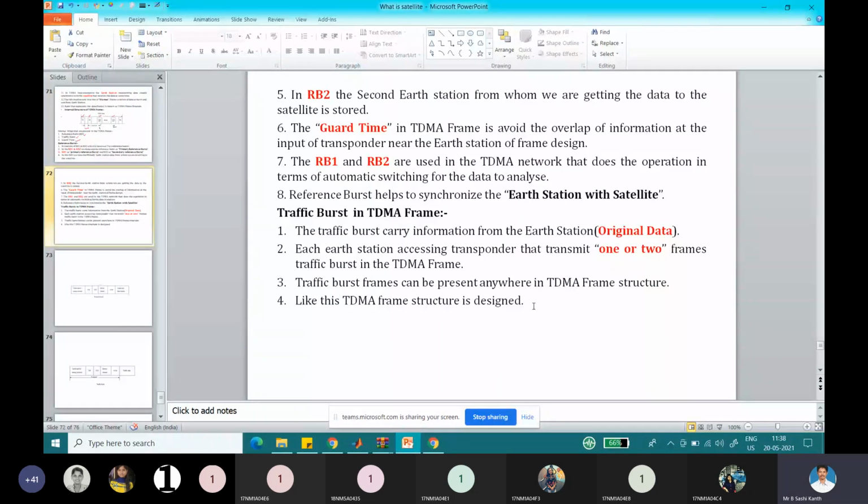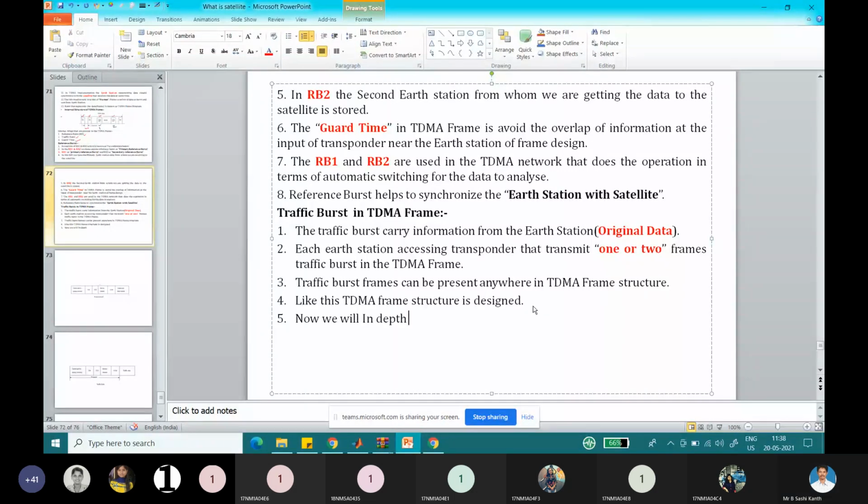Next, we'll go to discuss the in-depth data that is present in the frame structure of the different bursts that we have discussed now.